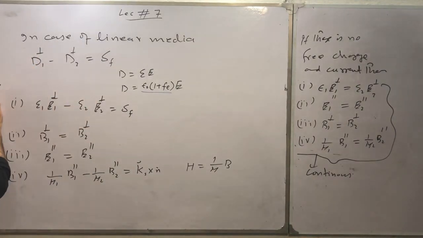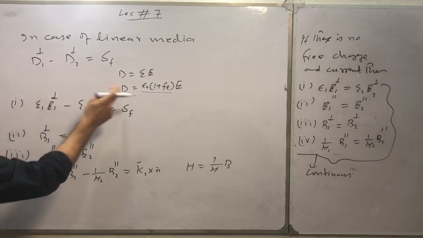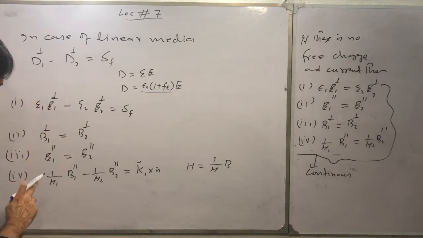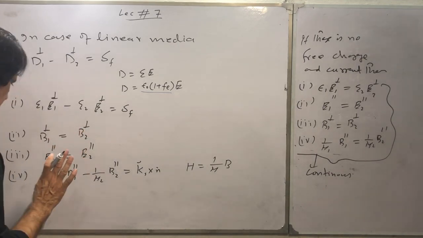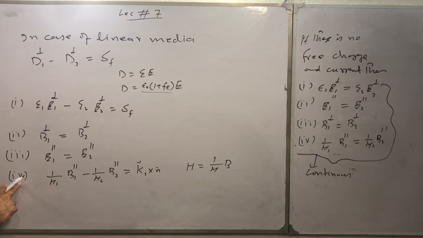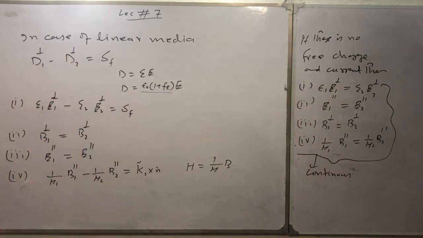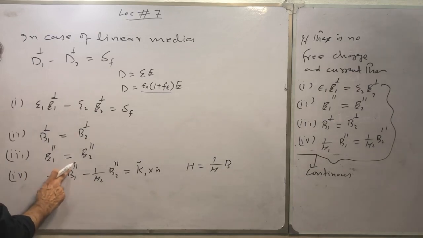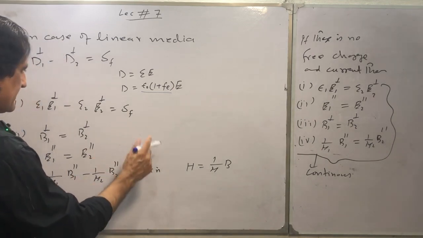Then from the first equation, we can write epsilon1 E1 perpendicular. There will be no change, and B1 perpendicular will be equal to B2 perpendicular. The third, E1 parallel equal to E2 parallel, will be the same. And in the fourth equation that we have derived, if we put H equal to 1 over mu times B, then 1 over mu1 B1 parallel minus 1 over mu2 B2 parallel is equal to this one.